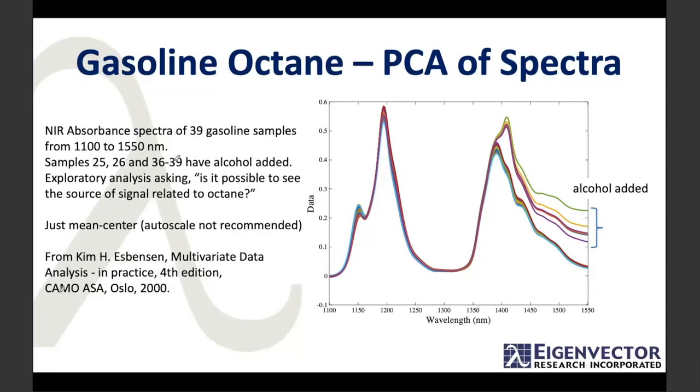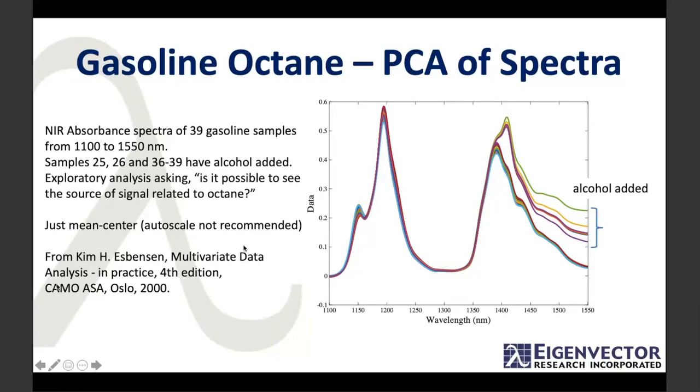There's 6 samples which have alcohol added. And we want to use exploratory analysis, use PCA, and ask the question, is it possible to see the source of the signal, which is related to octane? And for this, we're just going to mean center our data.